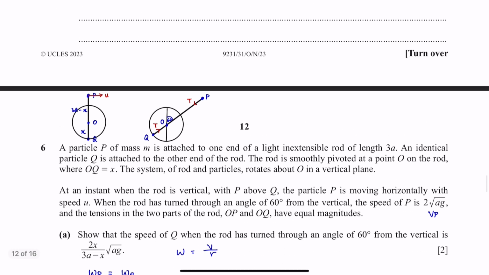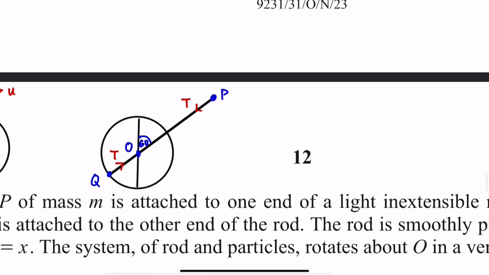Part B, we need to find x in terms of a. So now we can consider the forces acting on P and Q. We need to find the forces in this direction and in this direction, one directly towards the pivot and another perpendicular to it.